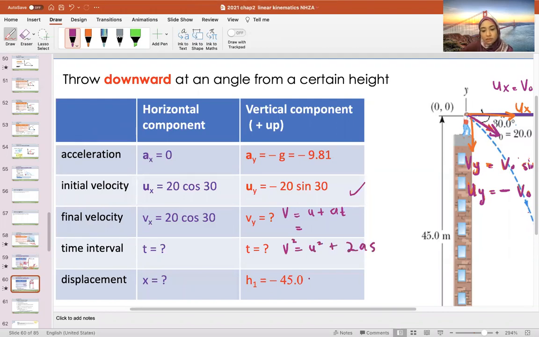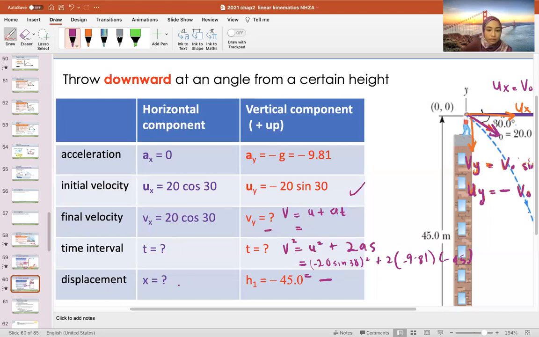We have the distance. We have the u, 20 sine 30. It's a minus, but it's squared, so it doesn't really matter. With 9.81 and minus 45, you would get v as something. The v would be negative. Whatever the v is, plug it into v equals u plus at and solve for the t.